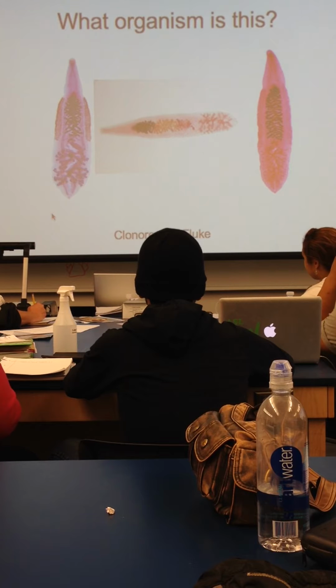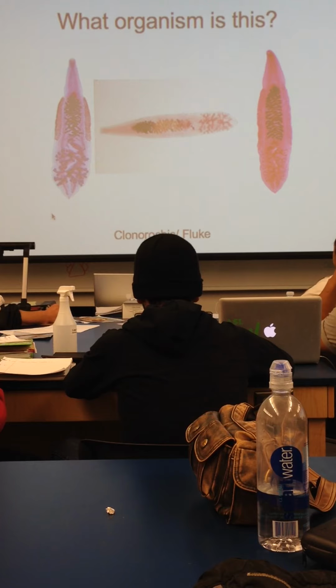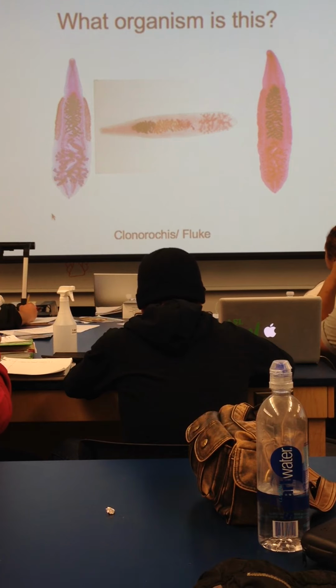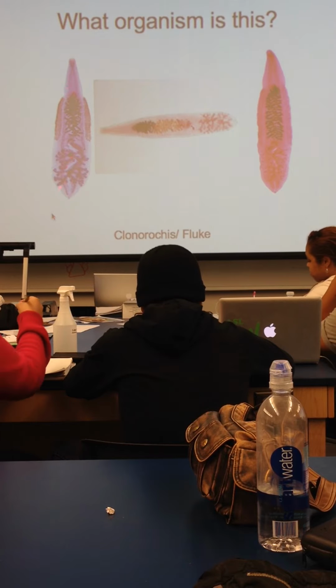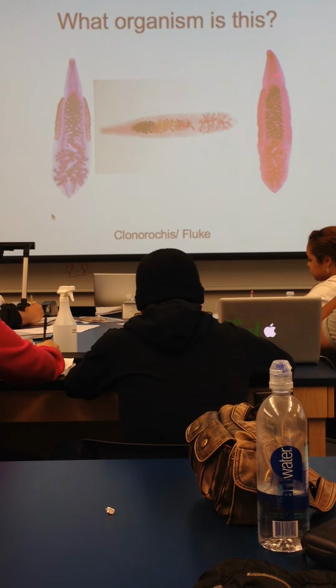Now, just as a side note, if you were to look at this, how would you know that this was a parasitic organism? Anyone? Most of its body is given towards reproduction, which is what all this stuff is.